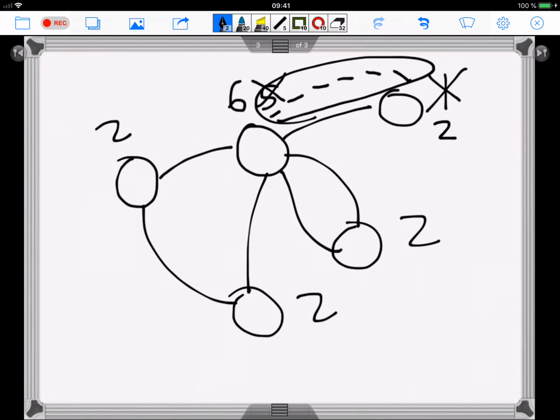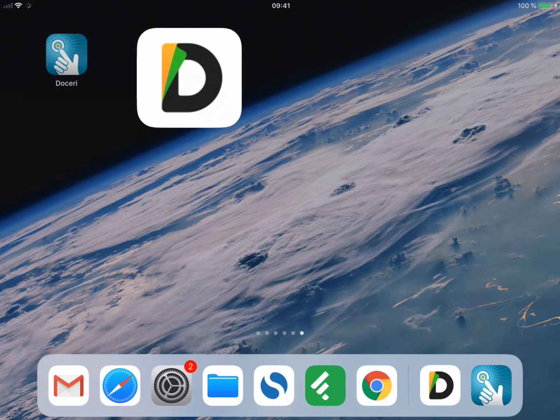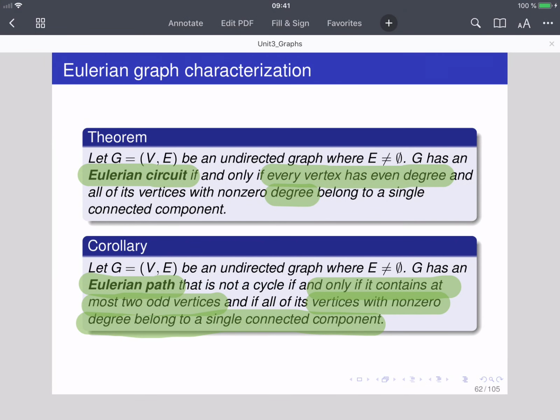So that's why the second result, the corollary here, follows from the theorem, because we can add a fake edge, compute the cycle, and then eliminate the edge to create an open path. So that's the idea that we can use in order to prove this result.